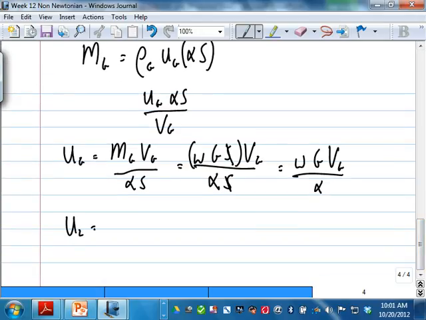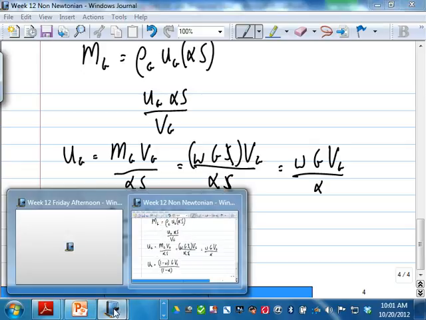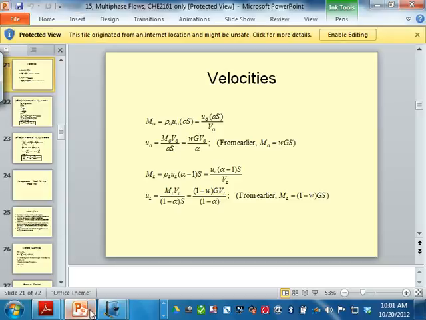UL, I guess you can show the same. This will be 1 minus omega, G VL over 1 minus alpha. Is that right? Yeah.